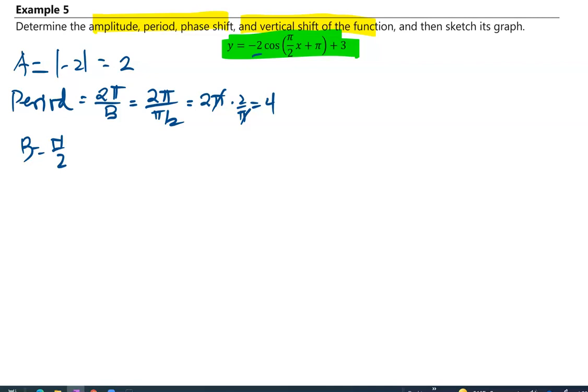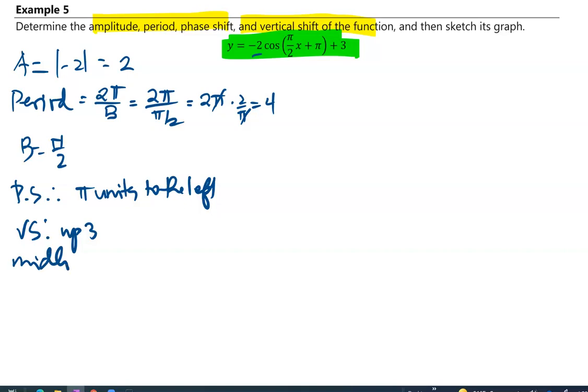And the phase shift, or PS, is pi units to the left, this plus, and then the vertical shift is plus 3, meaning up 3. With this, you can say that our midline is y equals 3.